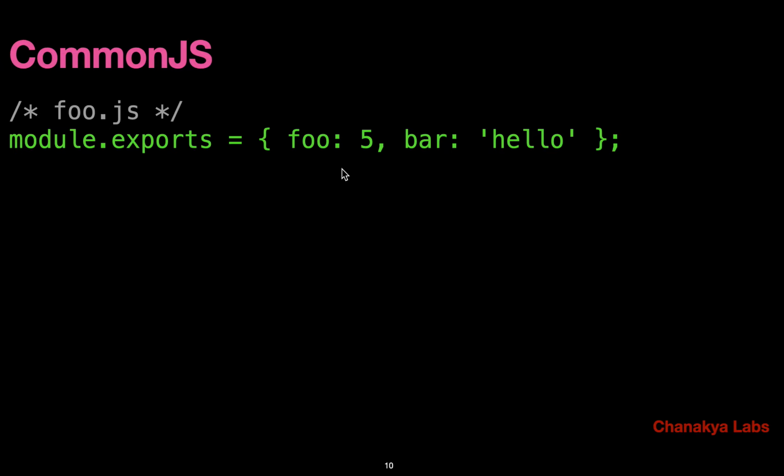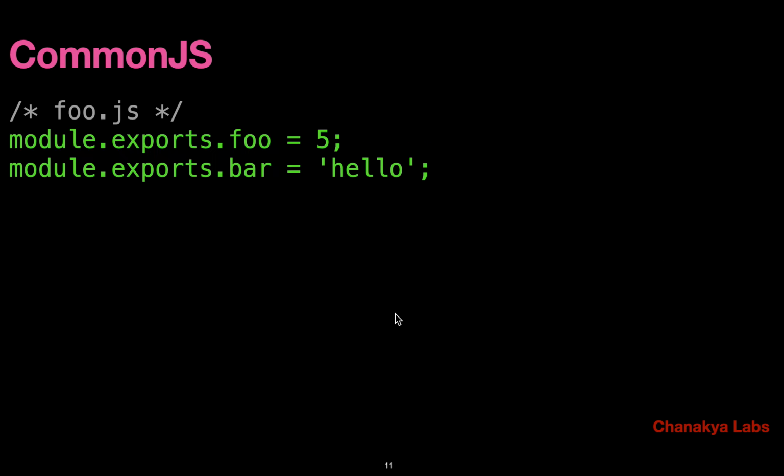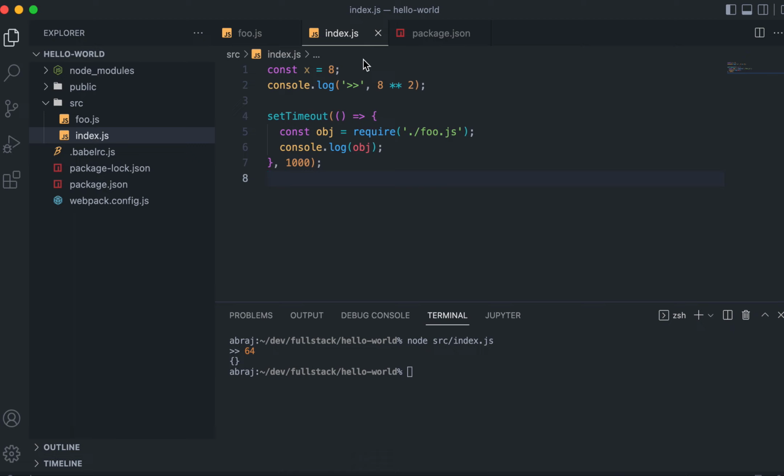Next, let's say a file foo.js is exporting this thing which we saw earlier, right?